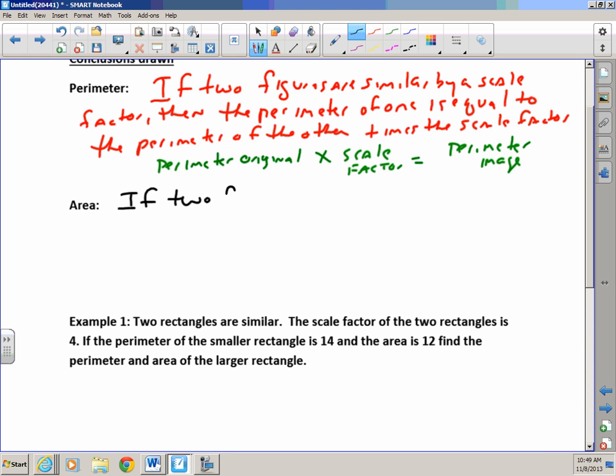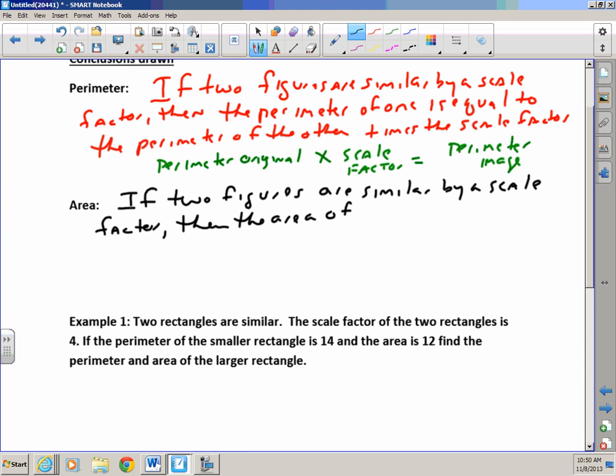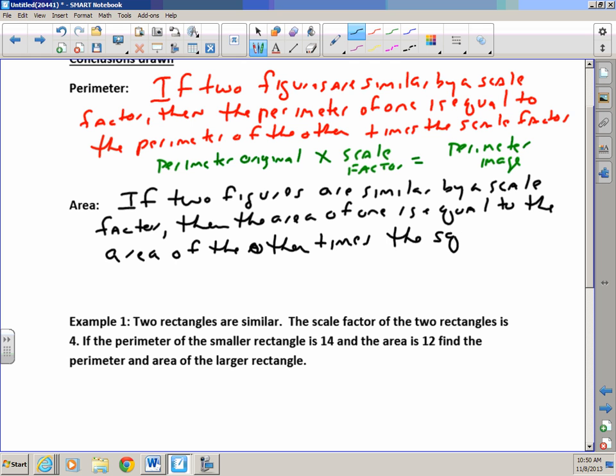If 2 figures are similar by a scale factor, then the area of one is equal to the area of the other times the square of the scale factor.